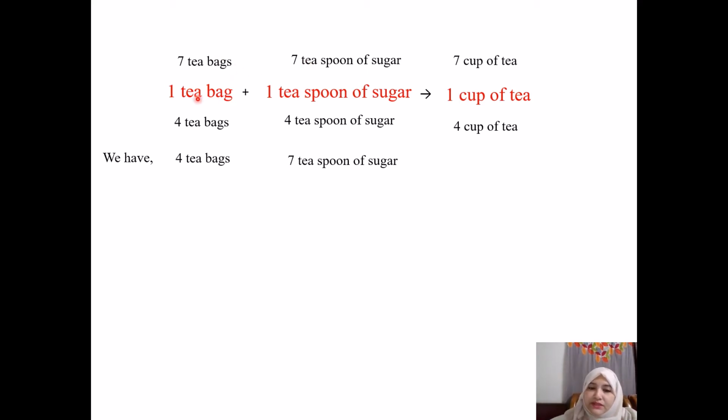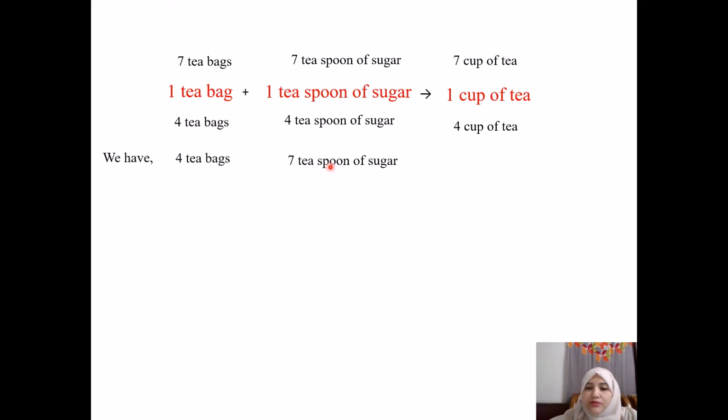Okay, but look at these two conditions. At first, 4 tea bags and 4 teaspoons of sugar can make 4 cups of tea. And these 4 teaspoons of sugar are available in our ingredients.